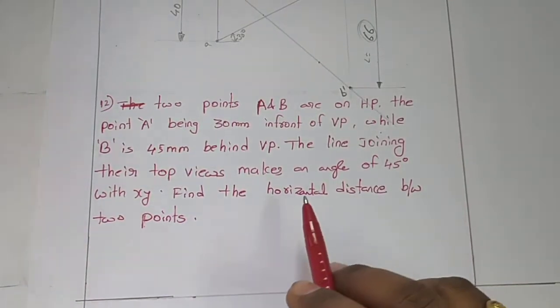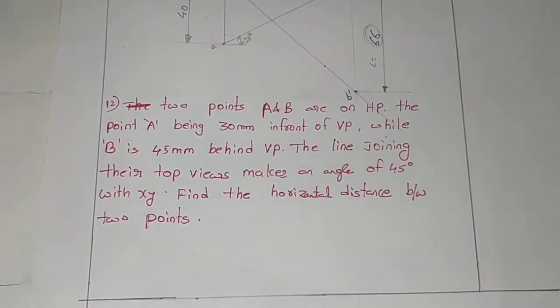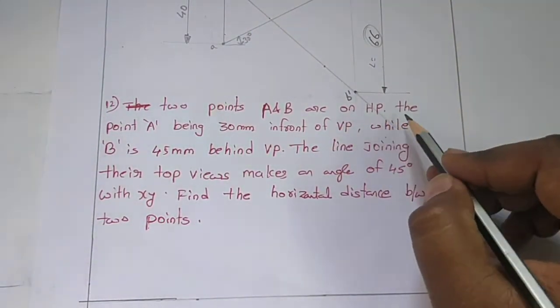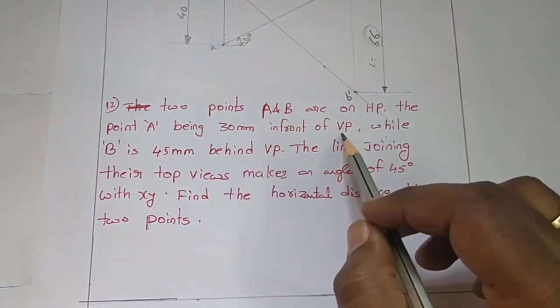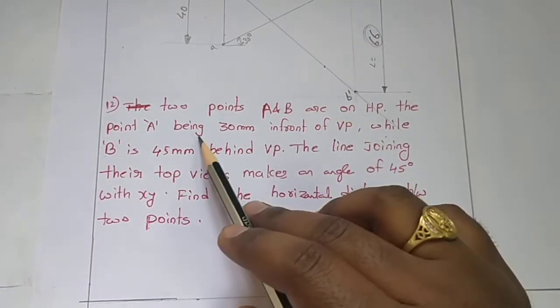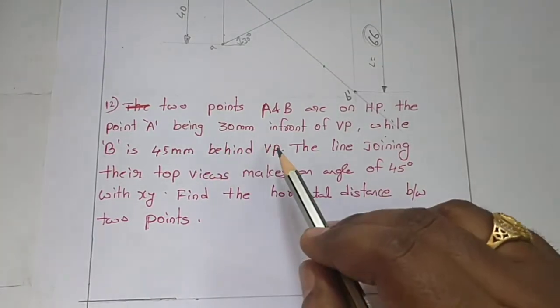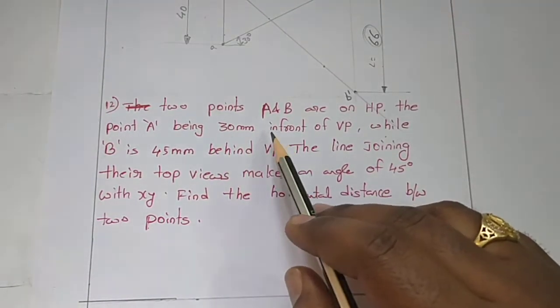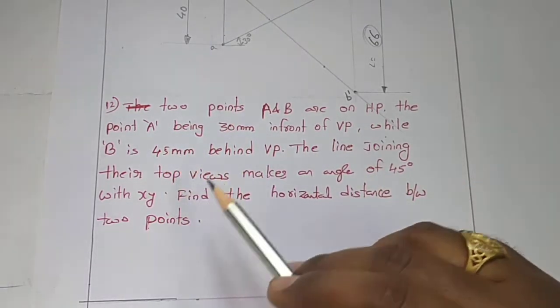Next, the next problem: two points A and B are on HP. The point A is 30 mm in front of VP. Both points are on HP, and A is 30 mm in front of VP, so it is in the first quadrant, while the second point B is 40 mm behind VP.